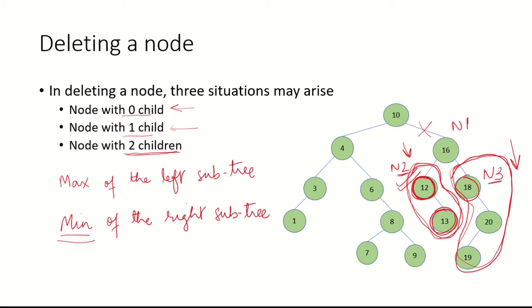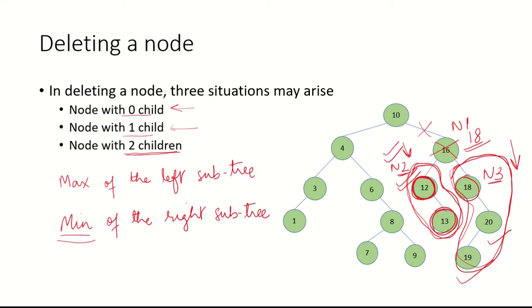So suppose we replace N1 by the minimum node in the right subtree, and if we search this, we find that 18 is the node which will have the minimum value. Then also 20 and 19 are larger than the value 18. So the property of BST is maintained.